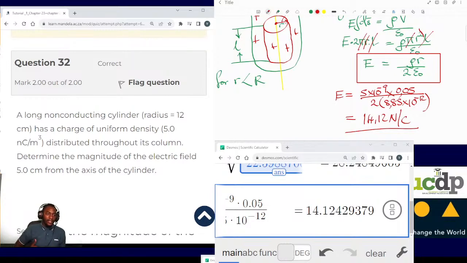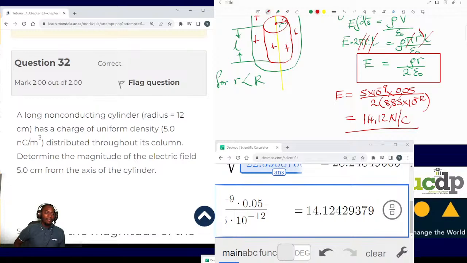All right, I don't see any comments in the chat. So why we have chosen our Gaussian surface to be less than 12 centimeters is because we have been asked to calculate the magnitude of the electric field at 5 centimeters. So we are enclosing everything that is within 5 centimeters.